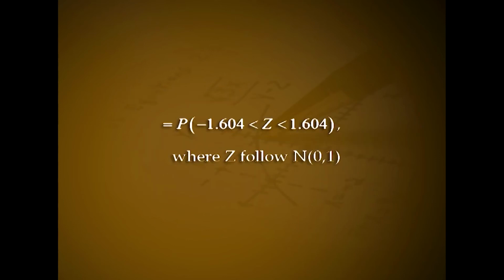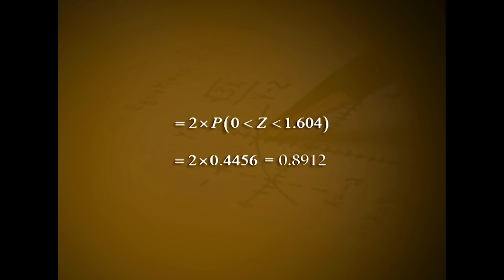That is equal to probability of minus 1.604 less than z less than plus 1.604, where z follows N(0,1). That is equal to 2 times probability of 0 less than z less than 1.604, that is equal to 2 into 0.4456, that is 0.8912.